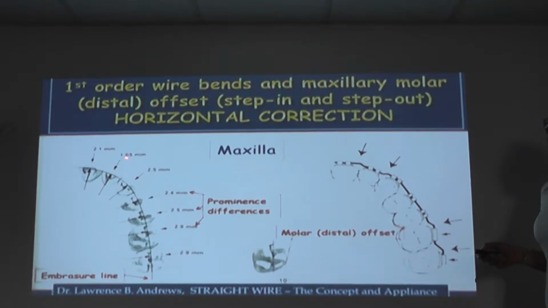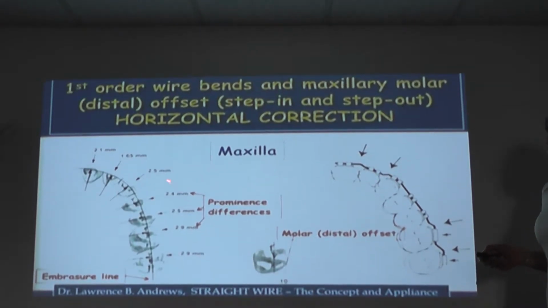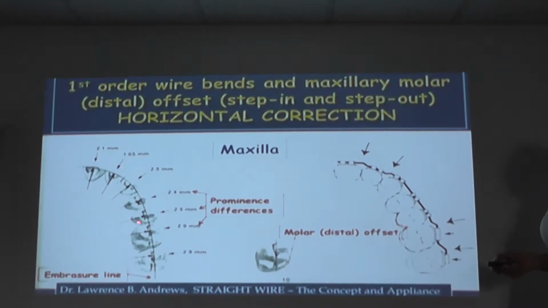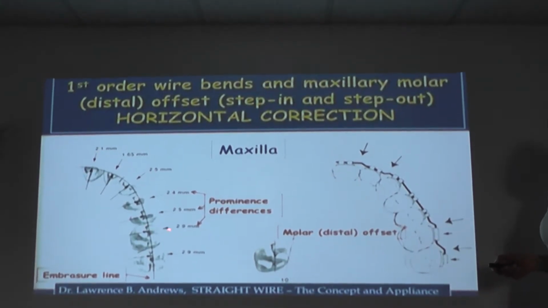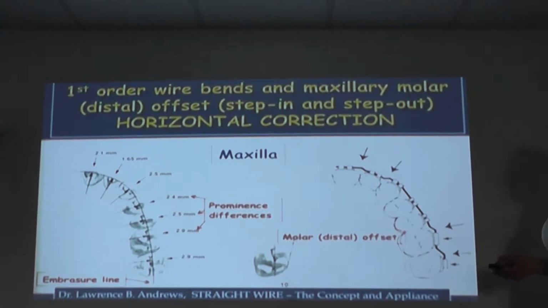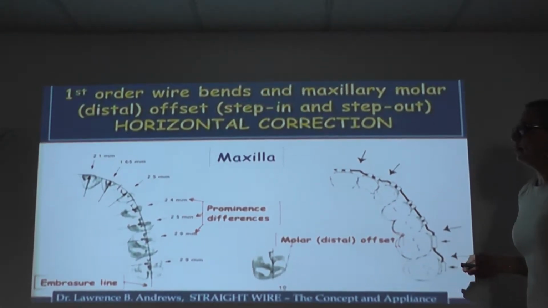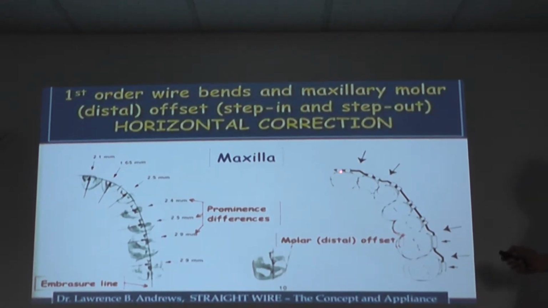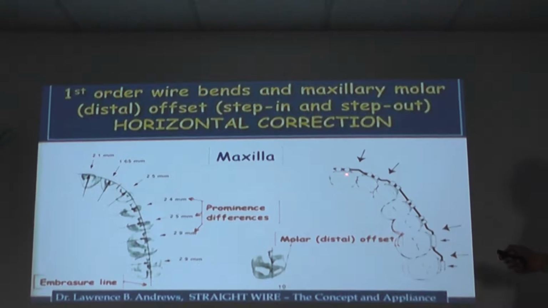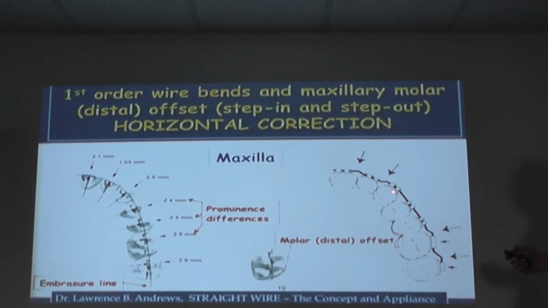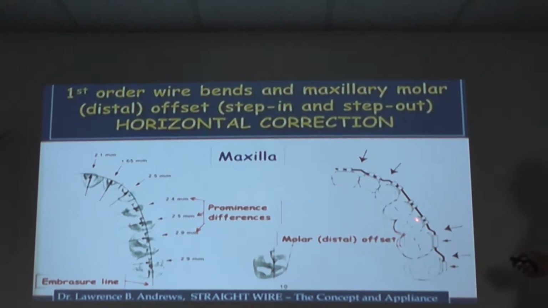Lateral is 1.65, cuspid is 2.5, bicuspid are similar, and the first molar is almost 3 millimeter from embrasure line. That is because the central is thicker than lateral, lateral is thinner than cuspid, cuspid is thicker, and bicuspid also.